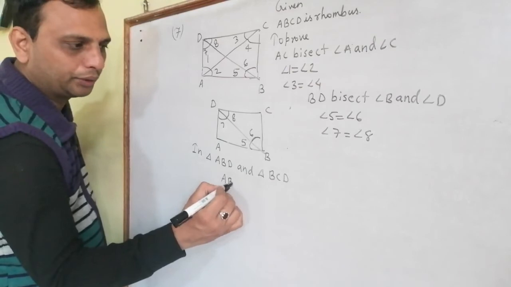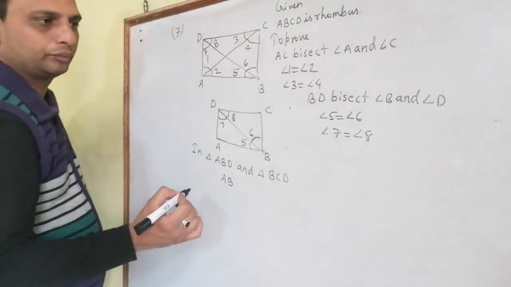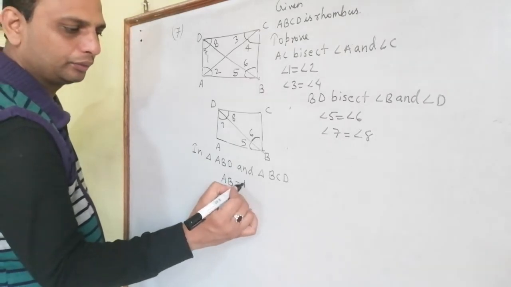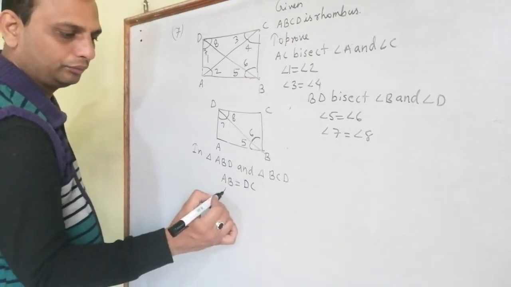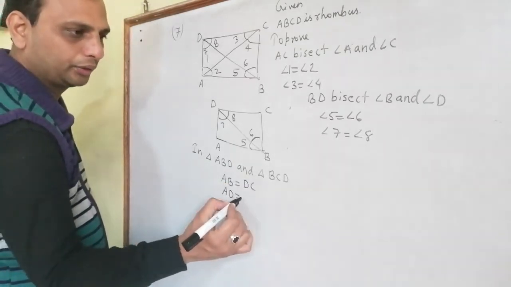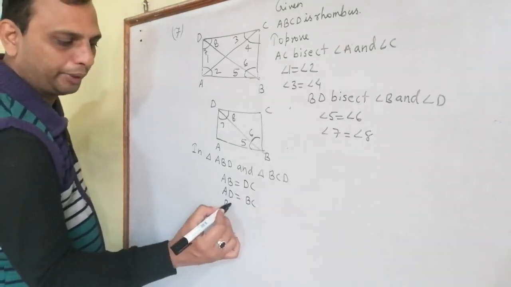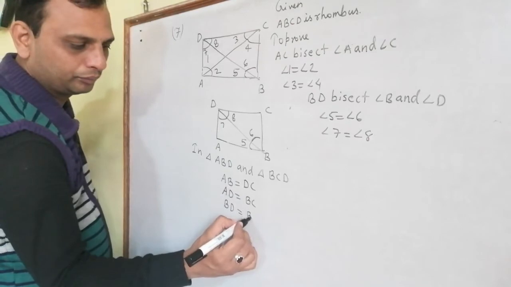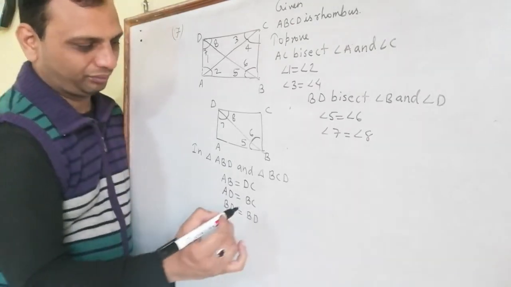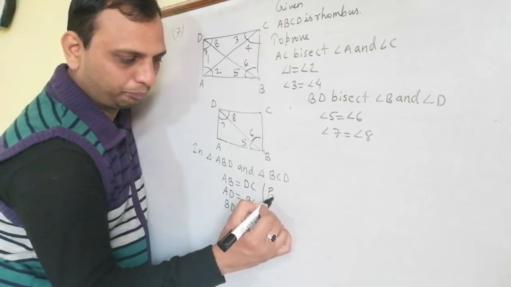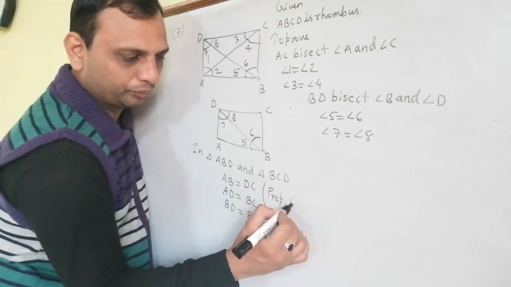AB is equal to what? AB equal to DC. AD equal to what? BC. BD common. Properties of rhombus.